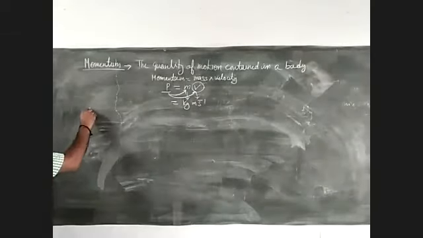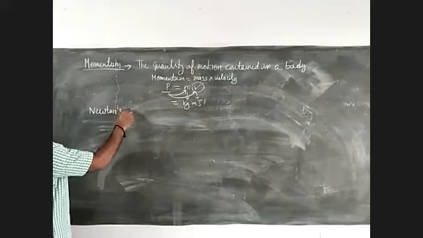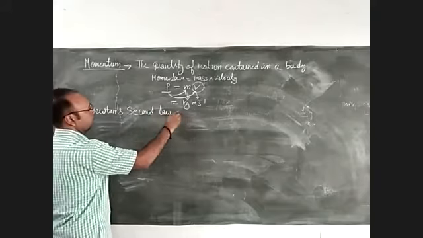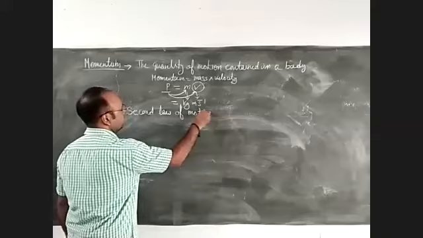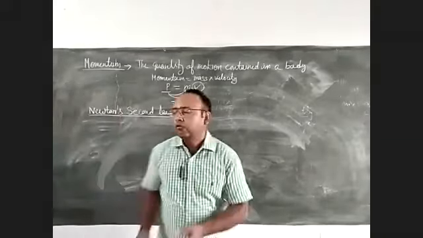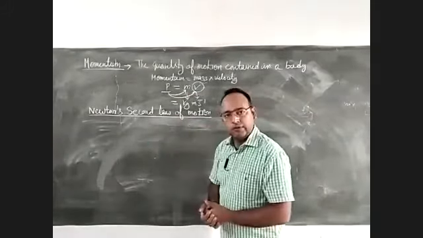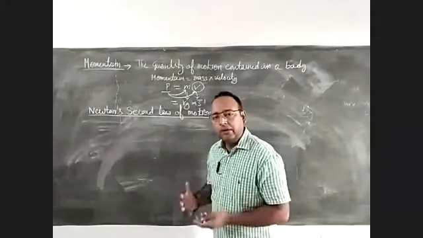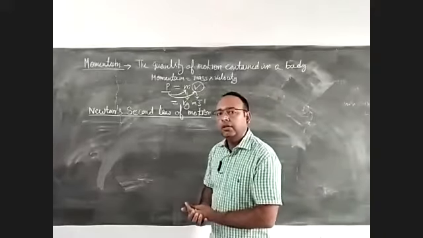Okay. Then after looking at this, Newton gave his law that is known as Newton's second law of motion. What was that? He observed that when I apply more force, there will be more velocity. If the velocity is more, momentum will be more. If I apply lesser force, the velocity will be less, the momentum will be less.